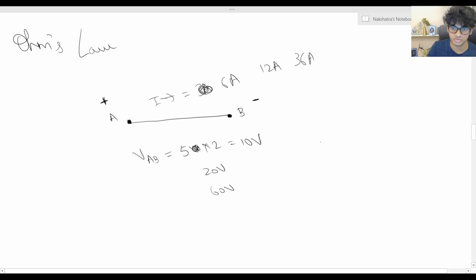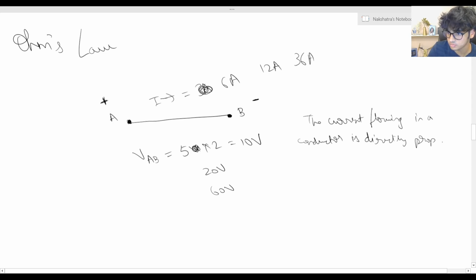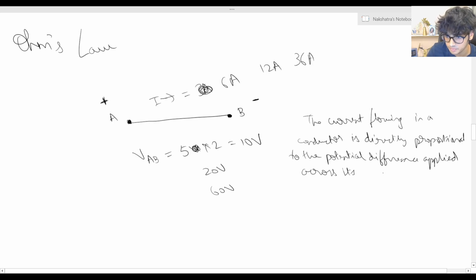Ohm's law now states that the current flowing in a conductor is directly proportional to the potential difference applied across its ends.